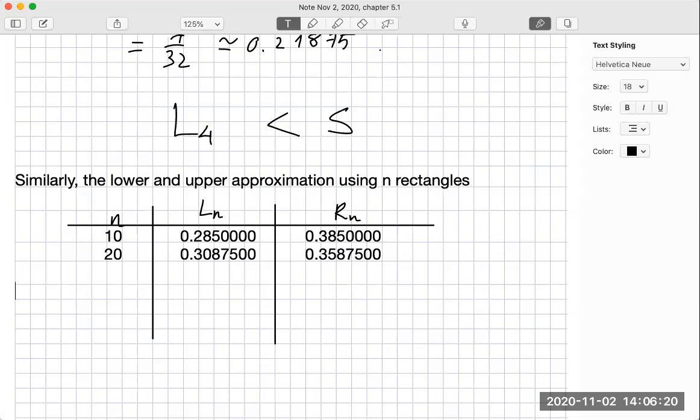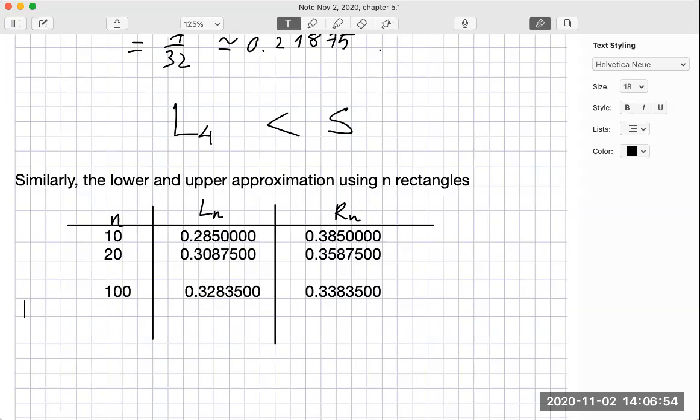And you keep doing that. And this is the result when we approximate the real area by 100 rectangles. The lower area is 0.3283500, and the upper one will be 0.3383500.